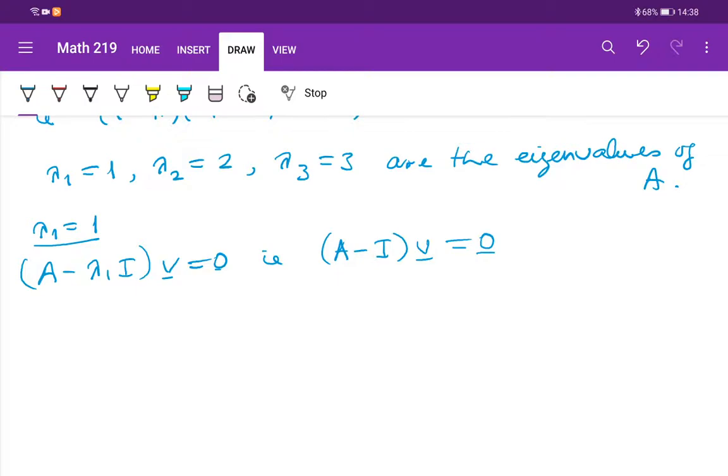It's a homogeneous linear system, a 3 by 3 linear system. We want to work out the set of solutions of that. So let's write down the augmented matrix of this. This is 0, 1, 2, 0; 1, 2, minus 1, 1; 2, 0, 0, 0. We want to solve this system of equations.